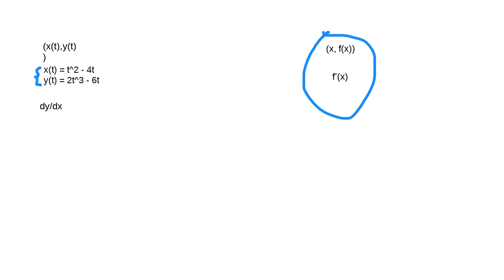Let's still talk about the rate of change in terms of those two variables. Right? Just like when we talk about in this world, we talk about f prime equals dy over dx, right? The rate of change.